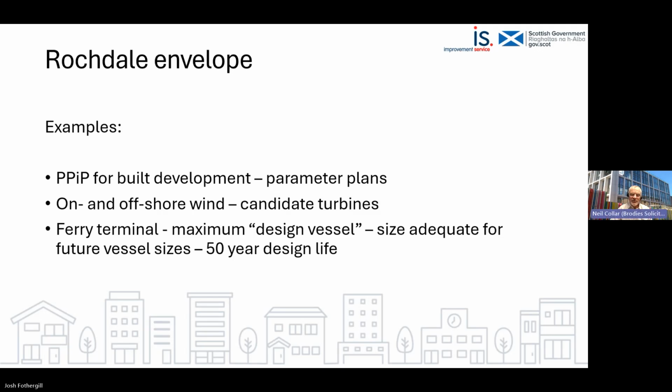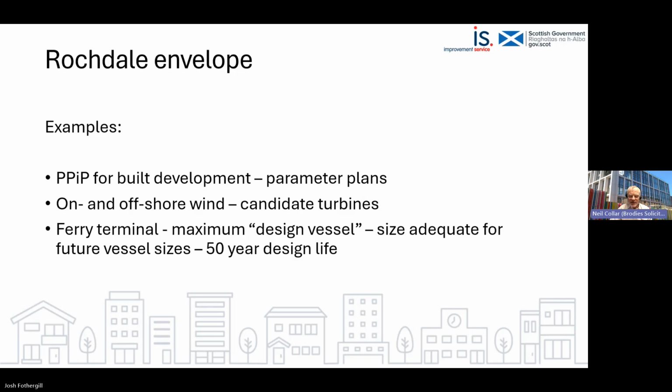The second example I've provided: there's obviously a lot of activity on and offshore around wind energy developments. EIA typically there uses what is referred to as a candidate turbine. And the EIAR sets out, this is not necessarily the turbine that we are going to use, but it is sufficiently representative that it can be the basis for doing the environmental impact assessment.